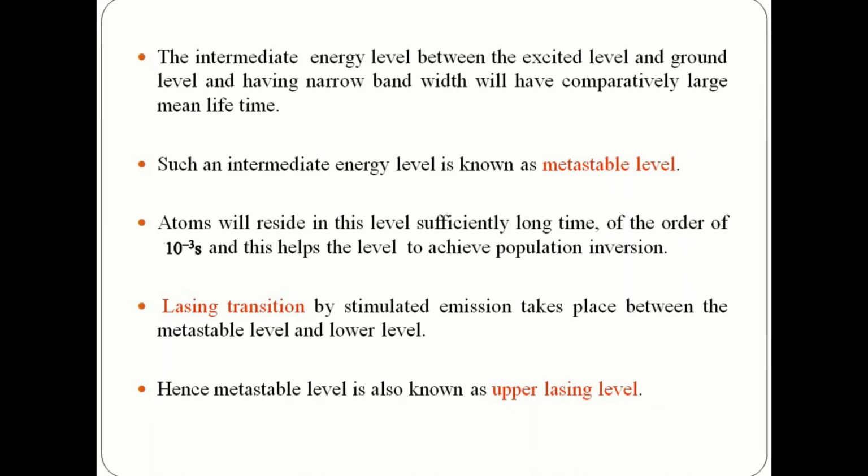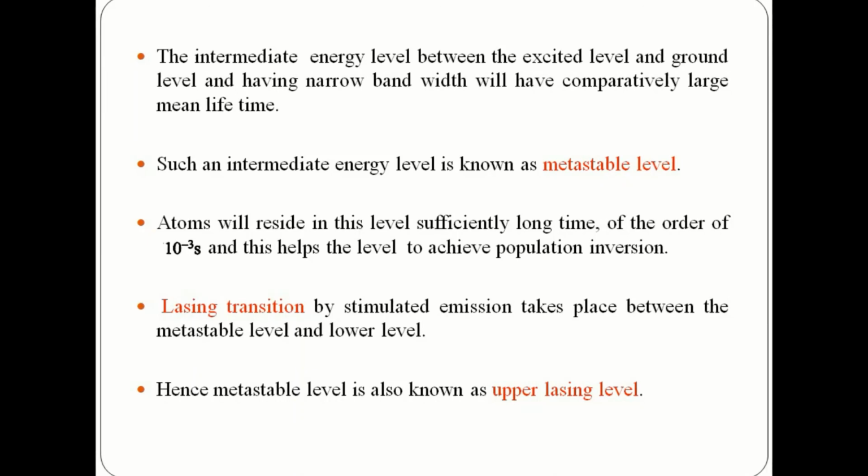The lasing transition means we have the ground state to excited level transition, then the excited level to metastable state transition, then the metastable state to ground level transition. The lasing transition by stimulated emission takes place between the metastable state and a lower energy level. Hence the metastable level is known as the upper lasing level.